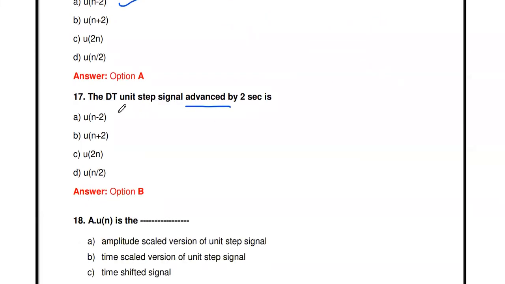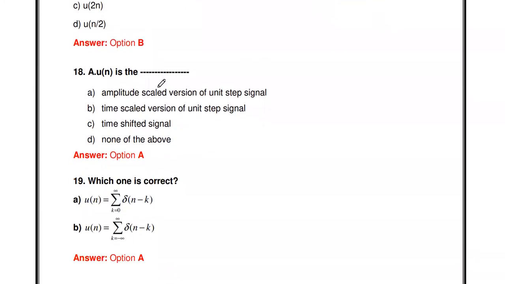Then the next one, the discrete time unit step signal advanced by 2 seconds. Advanced by 2 seconds means we subtract -2 from n, so we get u of n minus of -2, which converts to +2. So the advanced signal is u of n plus 2.